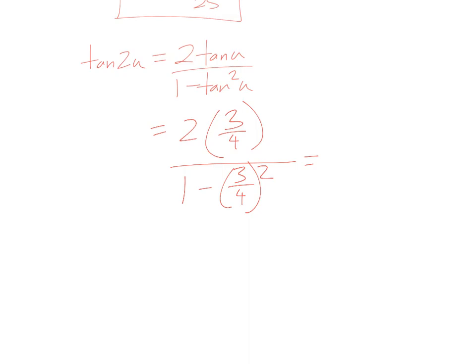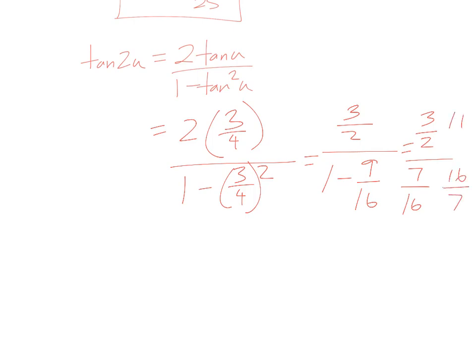Just be careful working this out. Need a common denominator. 3 over 2 over 7 over 16. I get 16 over 7, and that cancels out. Then I get tangent of 2u is equal to 24 over 7.